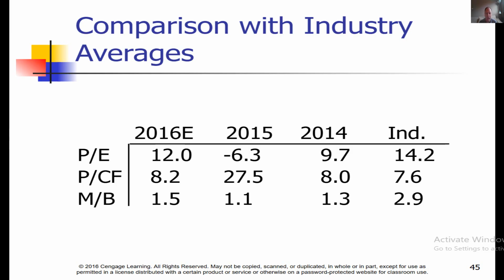The market-to-book ratio is below the industry average. So while the price-to-cash flow has been good, the perceptions of people in the market generally are that this company is underperforming its industry peers since it has a low market-to-book value and a low price-to-earnings ratio.